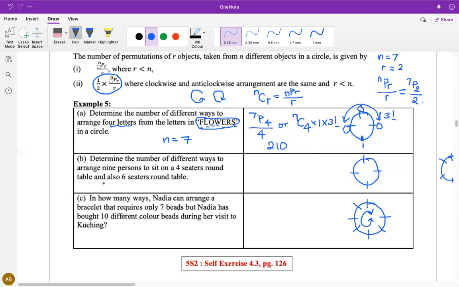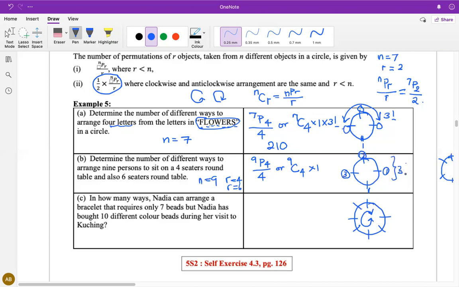B, determine the number of ways to arrange 9 persons to sit around a round table, 4 or 6 at a time. So n is 9, r is 4. We use the formula, it will be 9P4 over 4. Or we choose 4 from 9, and then we fix 1 here, and then there are 3 possible, 2 possible, 1.